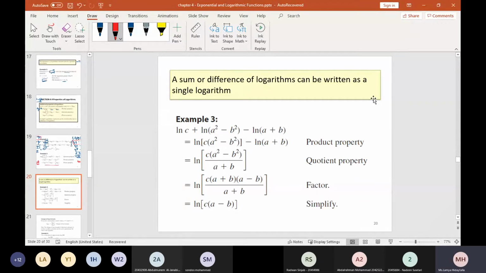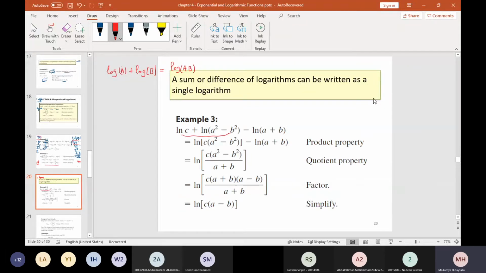So again we can use the rules. The addition log A plus log B, we can write it as one log: log of A times B. So this one we can apply now here.